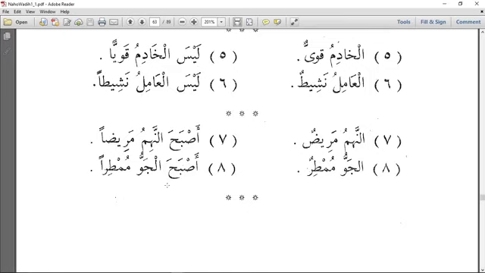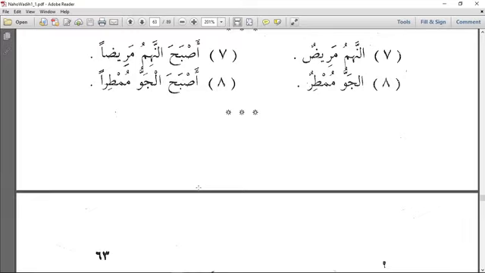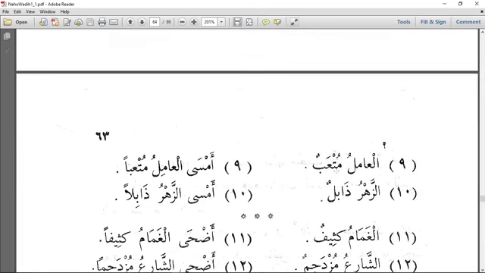Asbaha al jawu mumtiran. The weather became what? Became rainy in the morning. So it can also just denote Saro without adding time. So we can just say asbaha nahimu maridun. The glutton became sick without adding the time. It also denotes that. So al amilu mut'abun, the worker is tired.